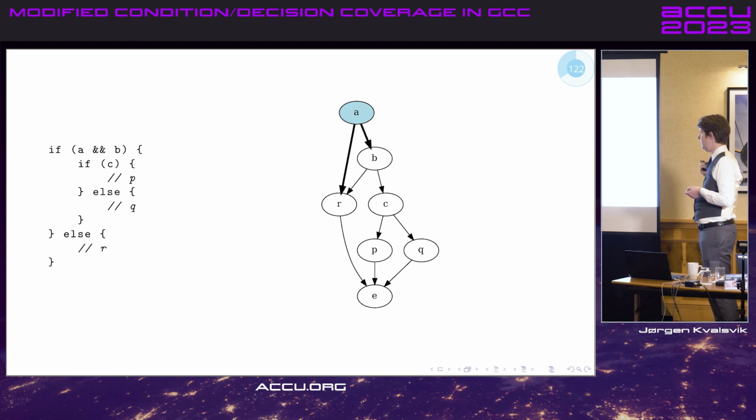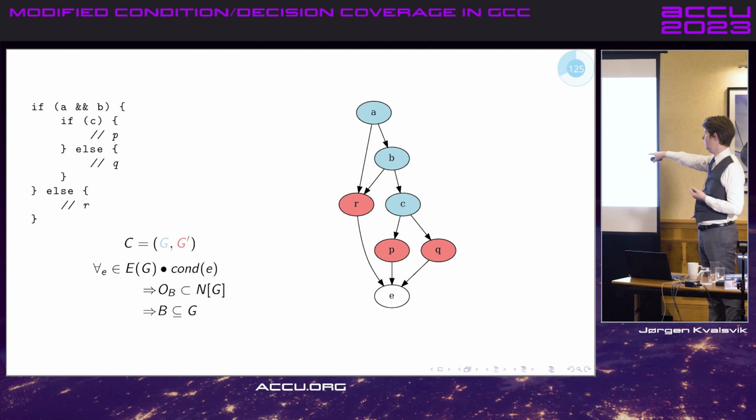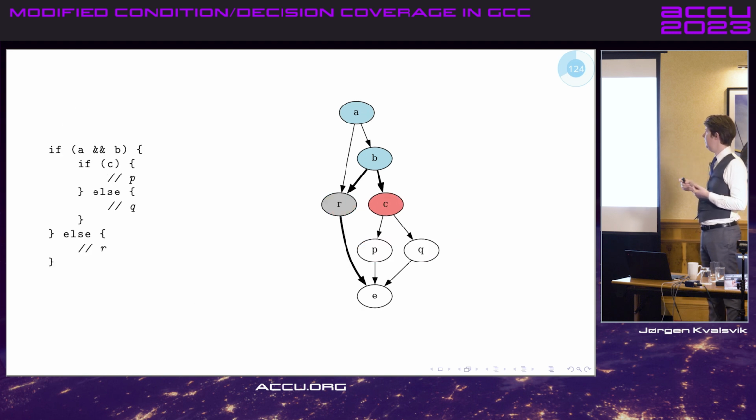From A, you can reach B and R. From that step, you can reach C and E. But note that C is also a condition and can reach P and Q. But the problem is that A and B is a closed expression and C shouldn't be a part of it. So just doing a plain BFS will obviously catch too much.